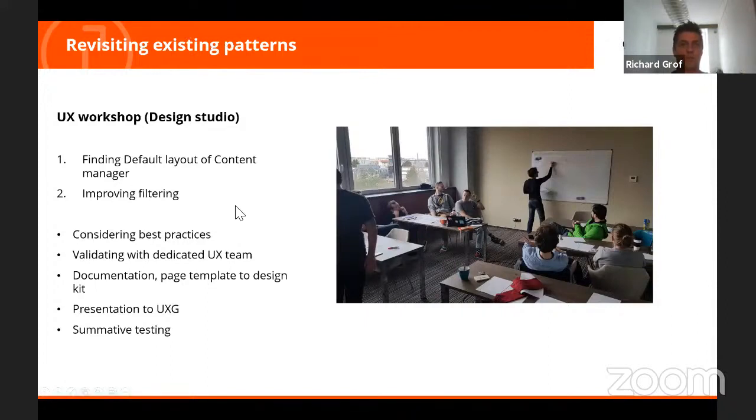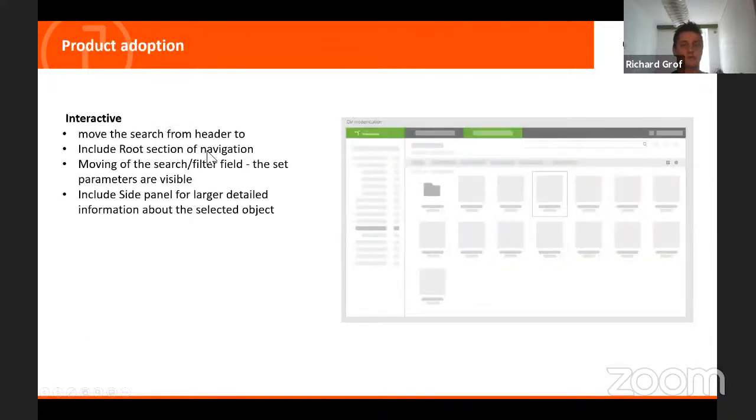We solved some usability problems. We found a good default for our content manager, and we improved the filtering. This workshop was timed for the needs of our key product. We wanted to find a way to utilize the product budget for an activity which would be beneficial for the entire portfolio. In addition to solving the problem, another benefit was team alignment.